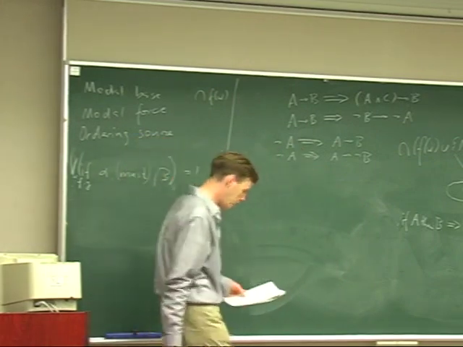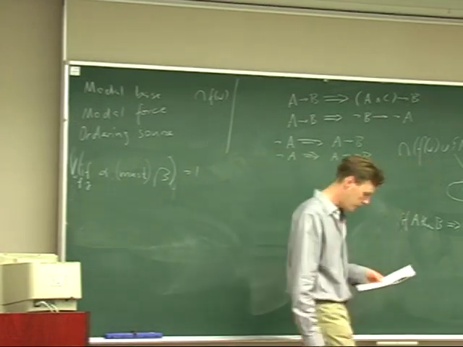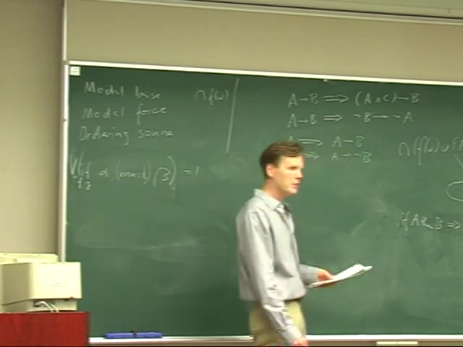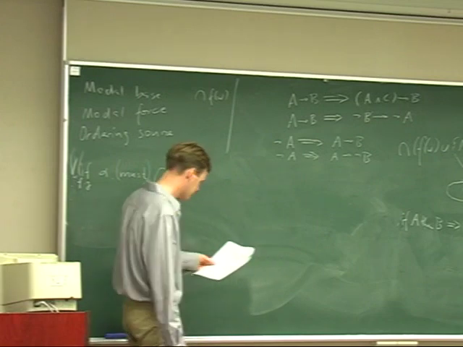For every world W prime, there is a world such that, oh, there's actually a typo here. So let's not even go through this. Sorry, that's a typo. Let's jump right down to 14, okay?